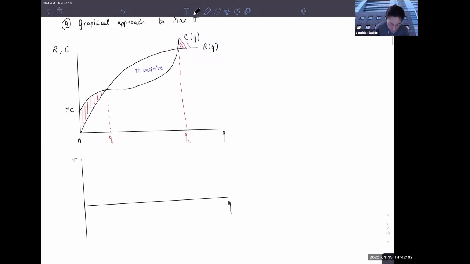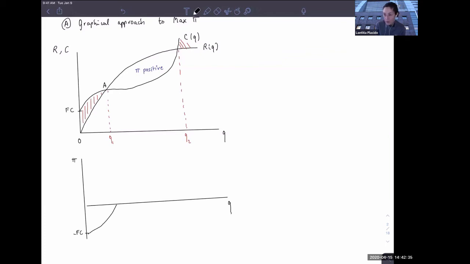So when the quantity produced is 0, we said that the firm incurs fixed cost. Okay, so the amount of profit when Q equals 0 is minus FC. Okay, then the profit is negative until I reach the point Q1. In Q1 here, let's call it point A, total revenue is exactly equal to total costs.